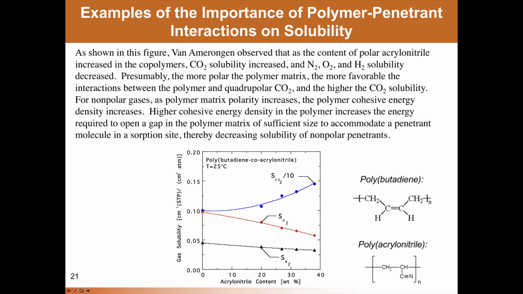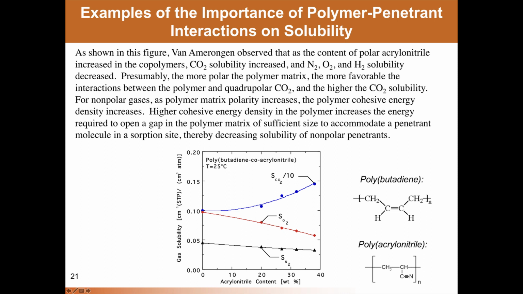So, for example, these are old data from Van Amerongen, where he was measuring the gas solubility in polybutadiene-polyacrylonitrile copolymers. Now, butadiene is relatively nonpolar, and polyacrylonitrile is very polar. So when these are copolymerized, as there's more acrylonitrile content in the copolymer, the polymer matrix takes on a more and more polar nature.